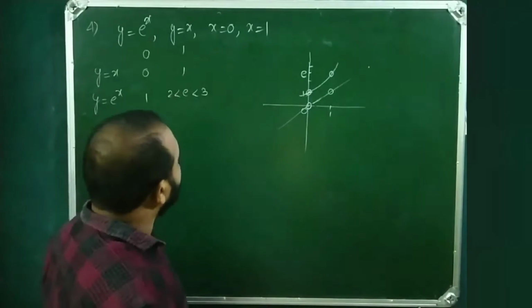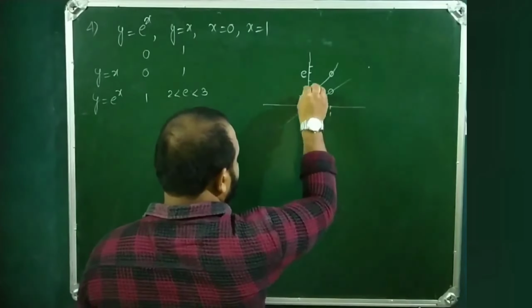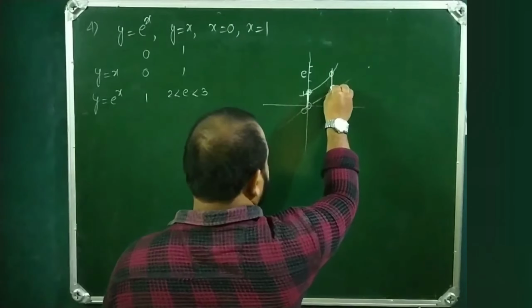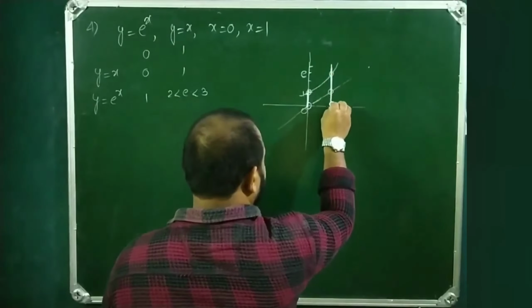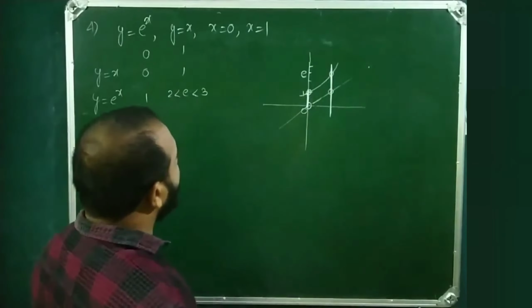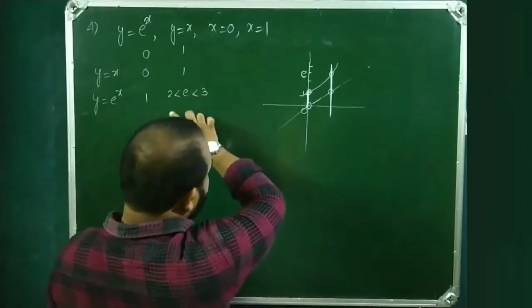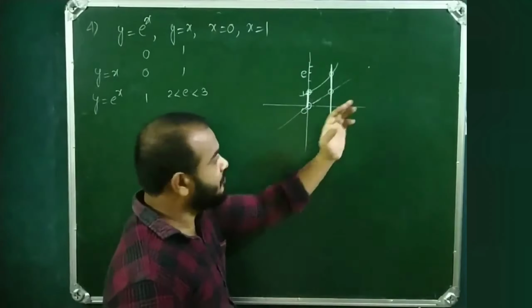Here x equals to 0 is y-axis, that is this. X equals to 1 is this line. See, now it is bounded or not, let us see this. X equals to 1 is the line which is a vertical line, parallel to y-axis.